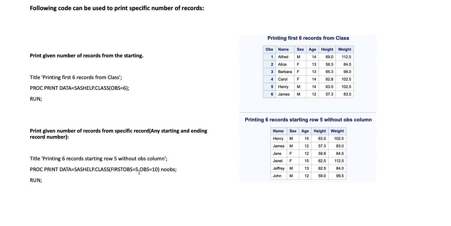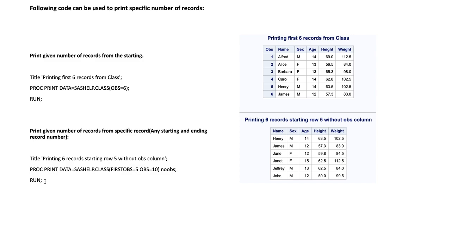That means from the 5th observation, and where we have to stop, obs equals to 10. We have to stop at 10, including 10. Parenthesis close, and we also give one option, noobs. That means please do not print the observation column, and run.